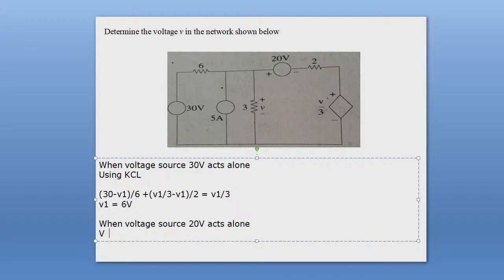So V2 will be equal to... First you write the KCL, the node equation, for the 20 volt source.